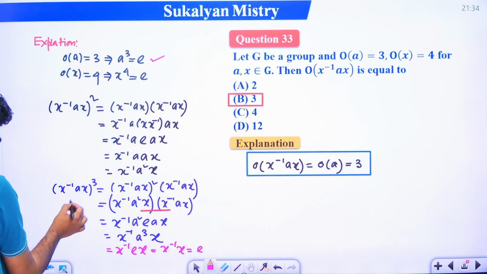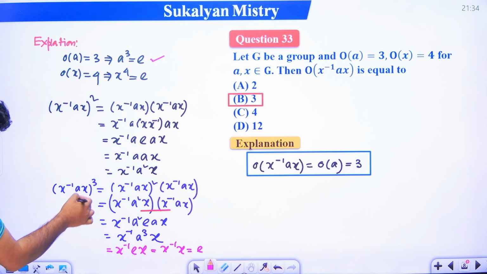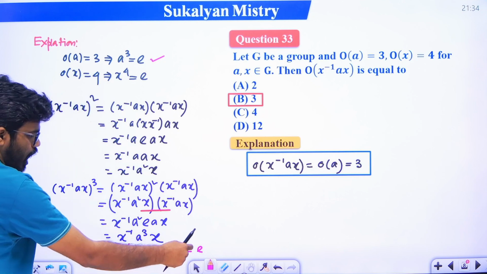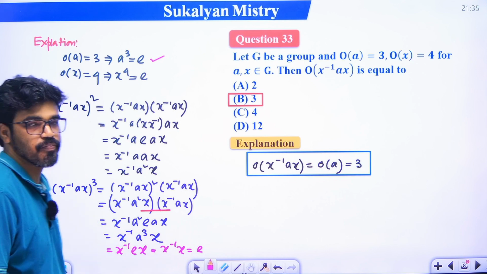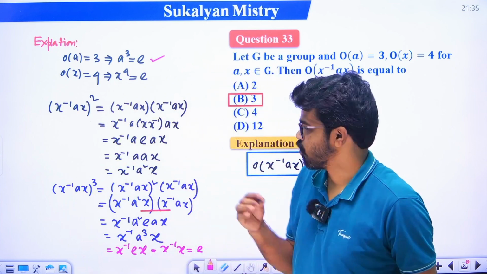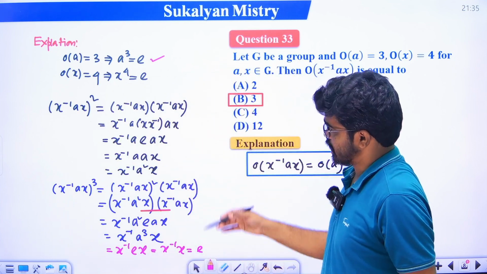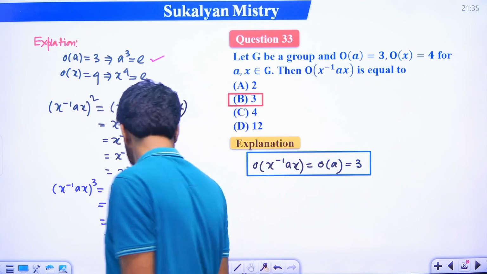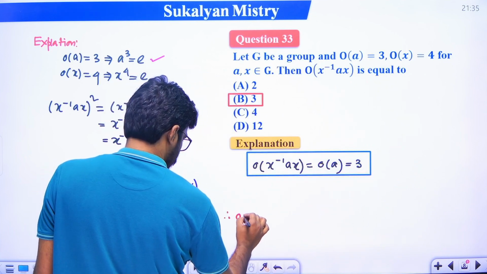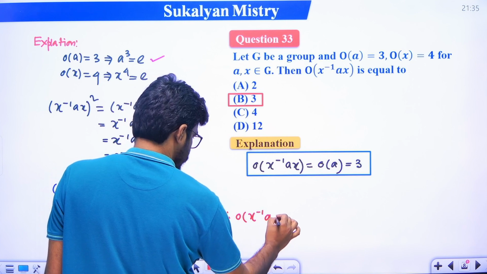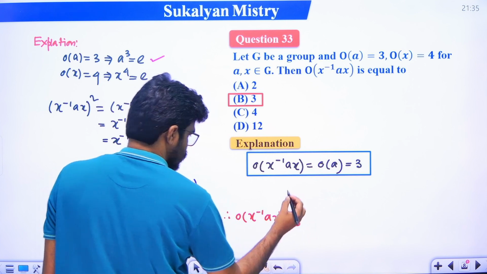So see, if we multiply x inverse a x minimum 3 times we get the identity element, so the order of x inverse a x will be 3, right? Okay, so this is the full explanation. So from this we conclude that the order of x inverse a x is 3.